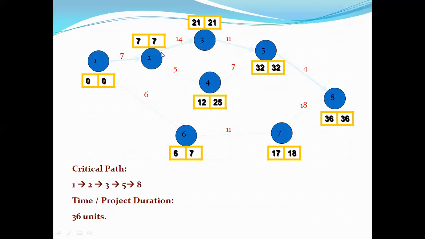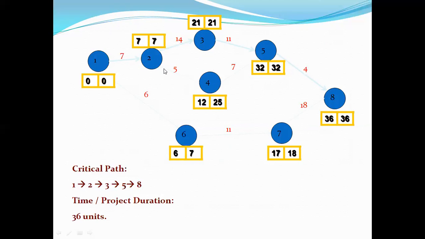Either you reach from 2 to 3 to 5, or you reach from 2 to 4 to 5. So here you can see a single event can be reached by 2 activities. As we know the rule, we have to take the maximum value of TE. While calculating from 2 to 3 to 5, the value of TE is 32.